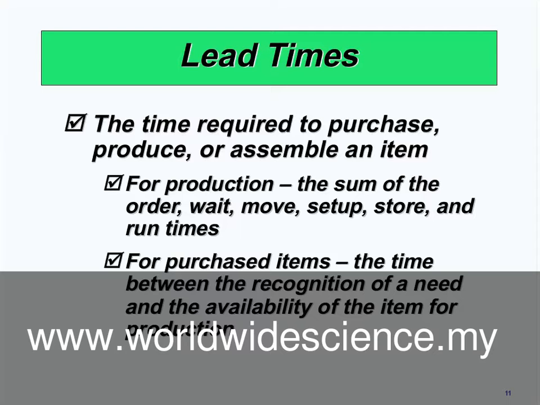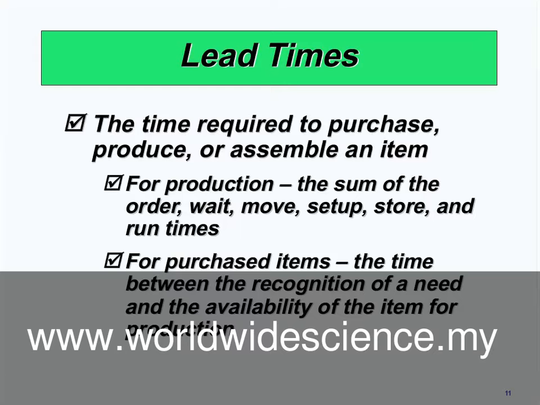For example, now you recognize that we need to order from a supplier, and it takes 10 days for the supplier to produce the right quantity of the order and deliver to us. This 10 days is the lead time for a purchased item. So this is the concept that should be considered, and it's very easy.